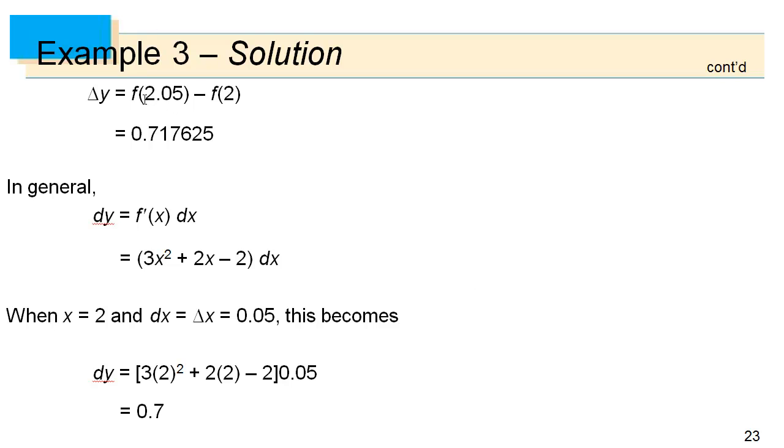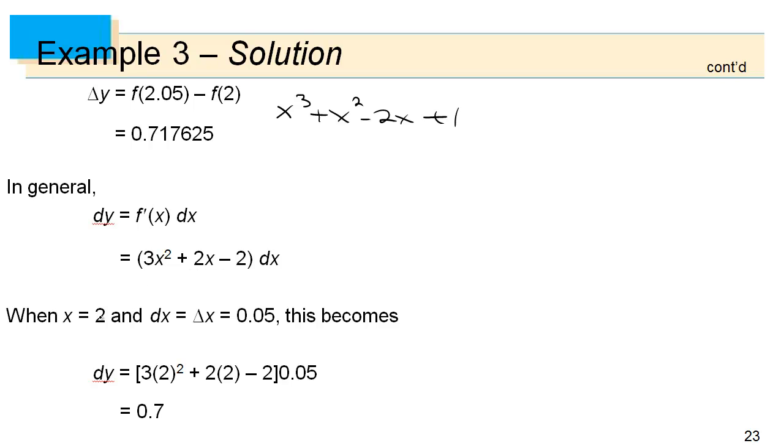But let's figure out what dy is. Remember, dy is just equal to the derivative of the function evaluated at x times dx. Remember, the original function was x cubed plus x squared minus 2x plus 1. Take the derivative, that's where you get 3x squared plus 2x minus 2 times dx.